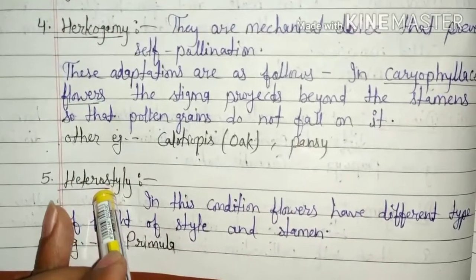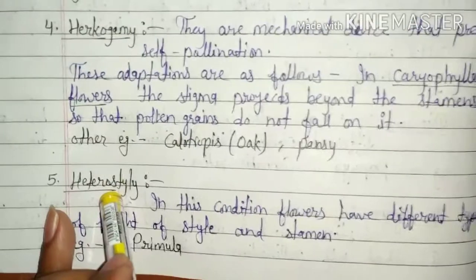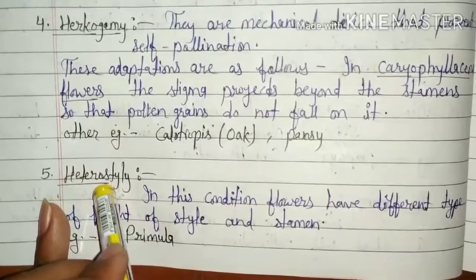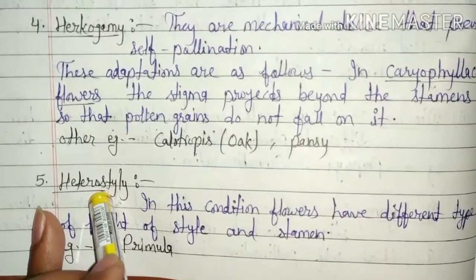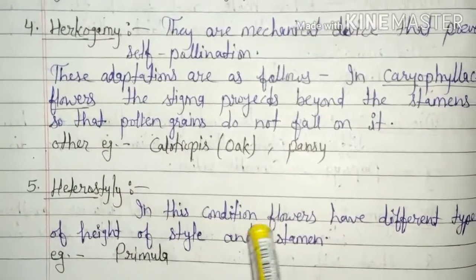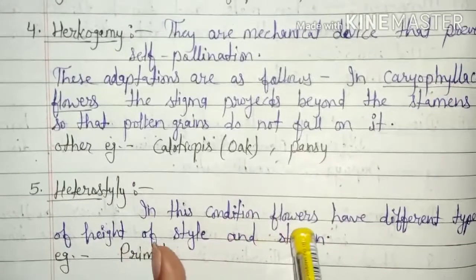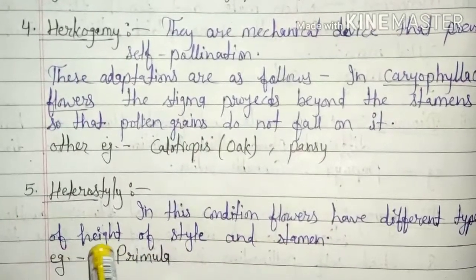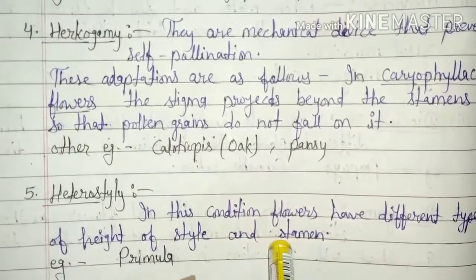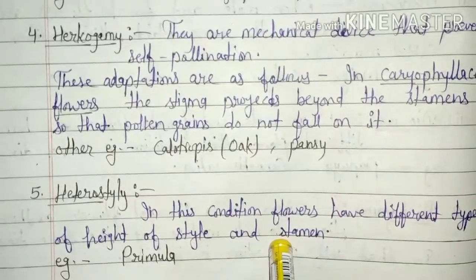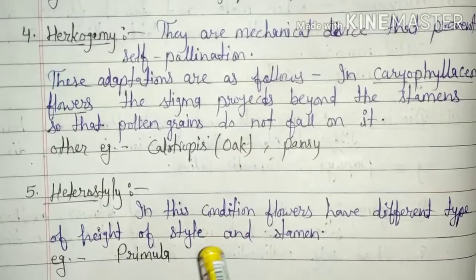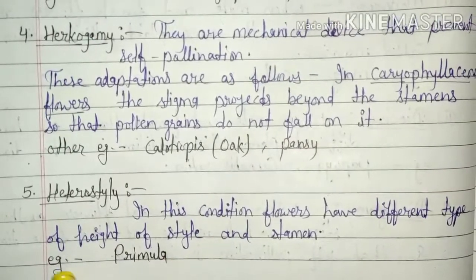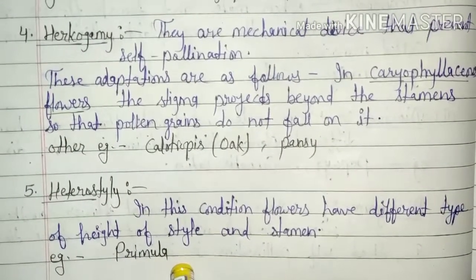Hence, pollen grains from a flower cannot bring about effective pollination in a flower of its own type. It means in these conditions, flowers have different heights of style and stamens. Then only cross-pollination takes place. For example, in Primula plant flower.